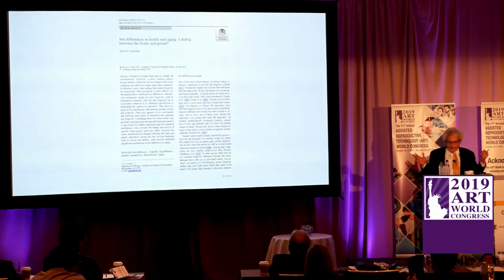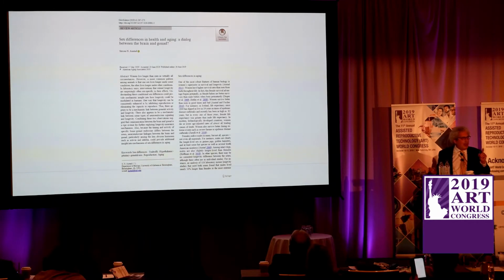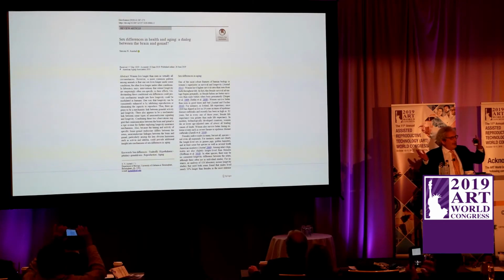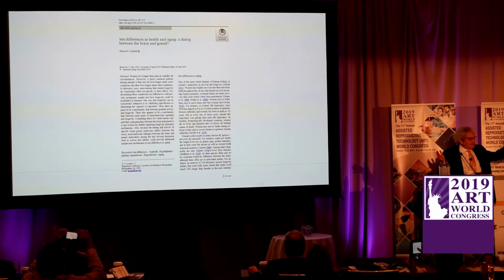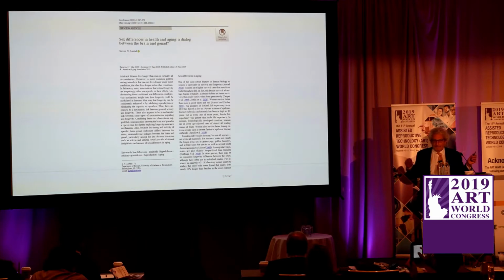But there are papers now, including this nice review by Steve Austad, who is a leader in the aging field, about the way of extending lifespan and health span and the role of the gonads in terms of healthy aging.